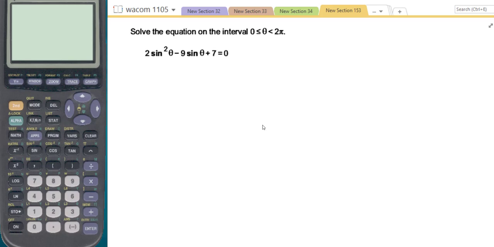For this example, you might recognize that this is also quadratic form. So we have another equation in quadratic form. I'm going to let sine of theta be x.